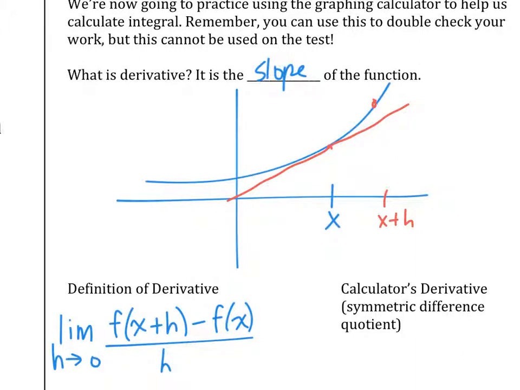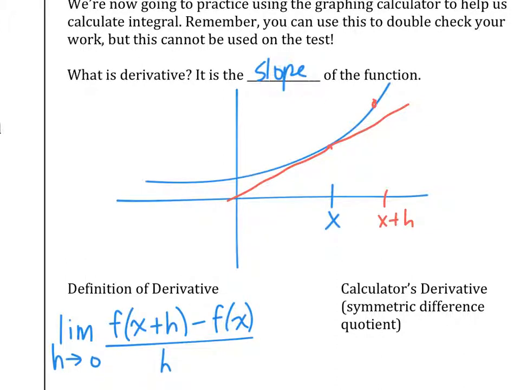Okay? You guys with me on that? We're changing from a secant line to a tangent line. Now, the calculator doesn't really calculate it this way. They are not bringing 1 point over to where x is. They actually have 2 points on two sides of x, and they are bringing both to x.